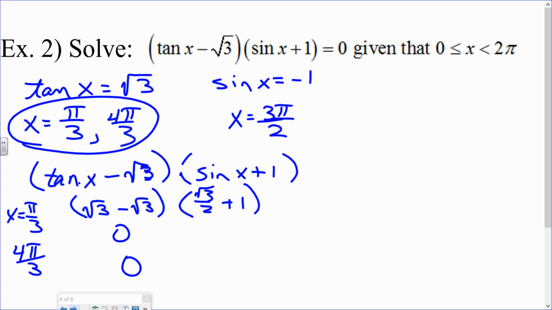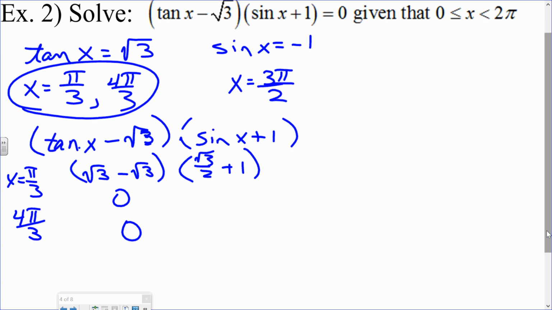But the problem comes because tangent is sometimes undefined. So we need to make sure 3 pi over 2 makes sense if we plug it in here in this original equation when we have tangent. So if we put 3 pi over 2 in on this second factor, no problem. We have -1 plus 1. That's 0.